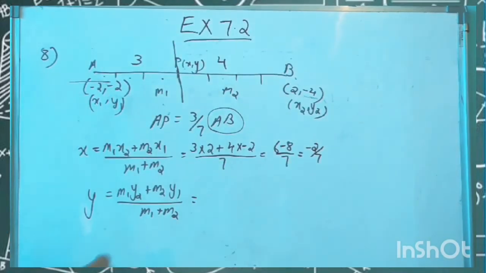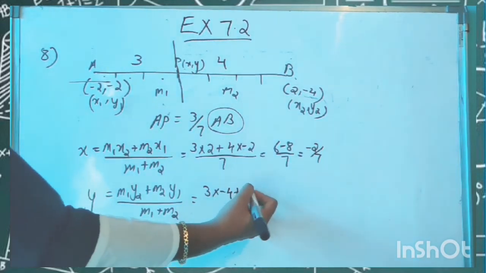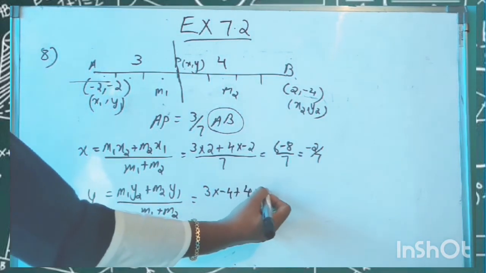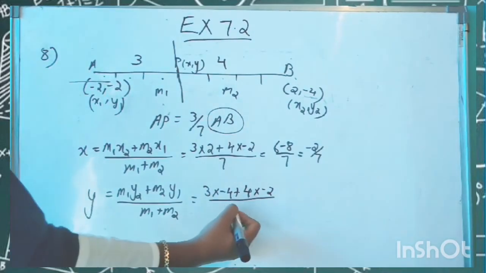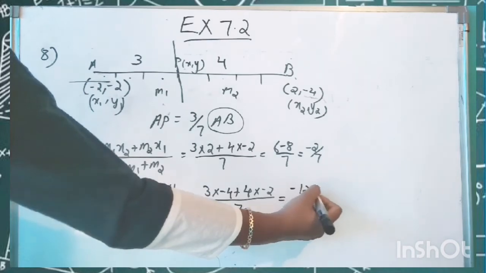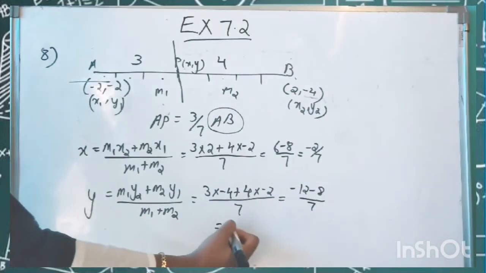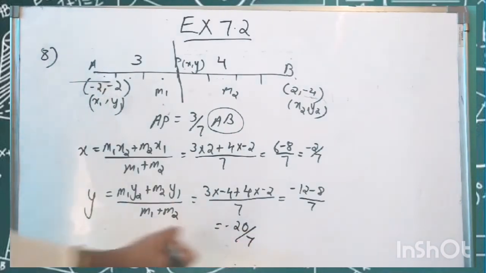And y is (3 into -4 plus 4 into -2) divided by 7, which is (-12 minus 8) divided by 7, equal to -20 by 7.